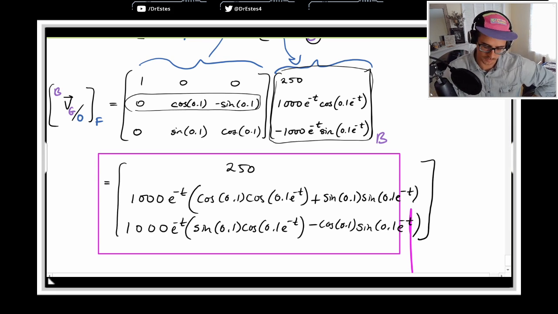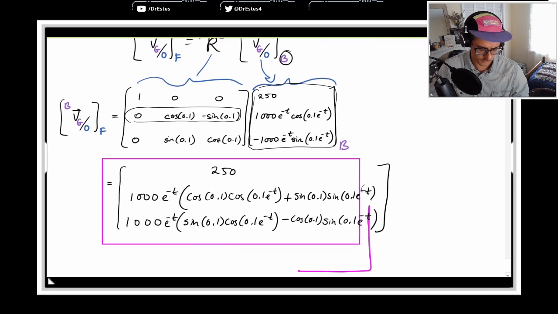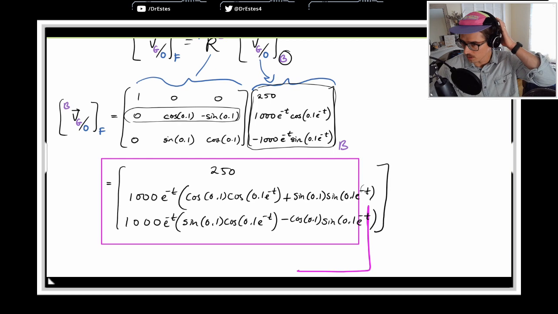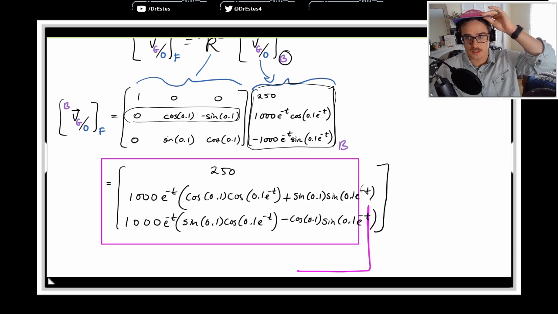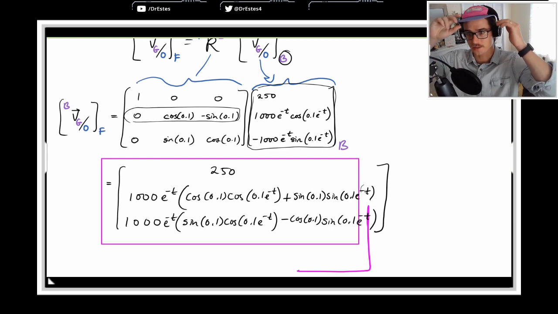And then at whatever time you can plug in that number and get this vector purely in terms of numbers here. But I'm going to post this, so go back through this again on your own time and try to notice the differences between each of these vectors depending on which basis you take the time derivative with respect to, and then also in which basis you ultimately project the vector.